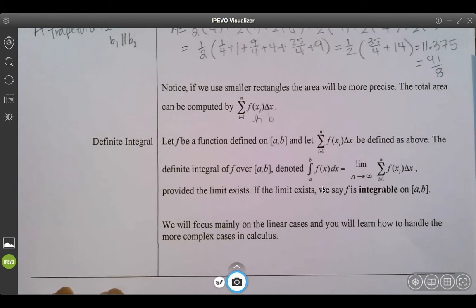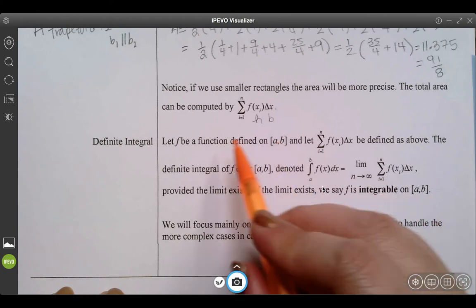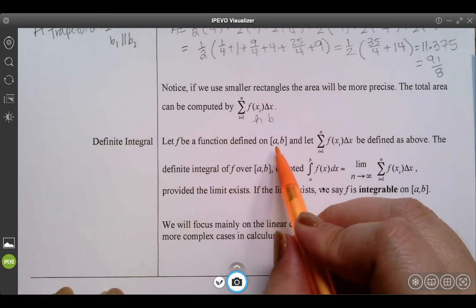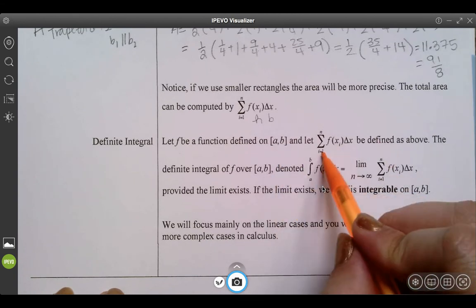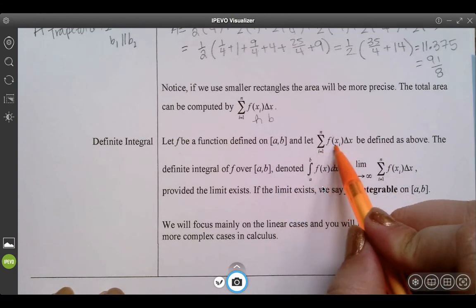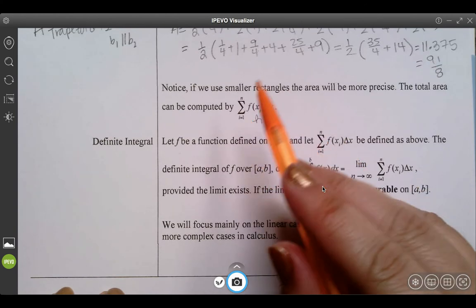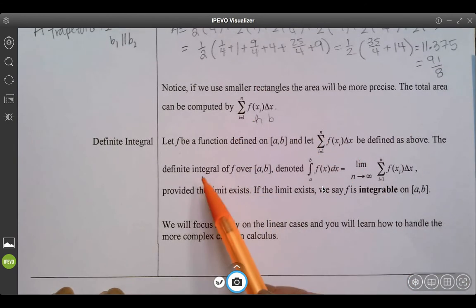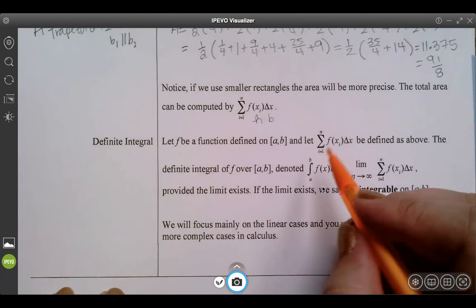So we've finally come to a point where we can define our integral. So a definite integral, meaning that it's an integral where we know the interval that we're looking at. We know where we're looking for the area, okay? So if f is a function defined on the interval a to b, so we have our endpoints, and our summation of heights and bases is defined as above, so how we did it in our last example, the definite integral of f over our interval is this notation.